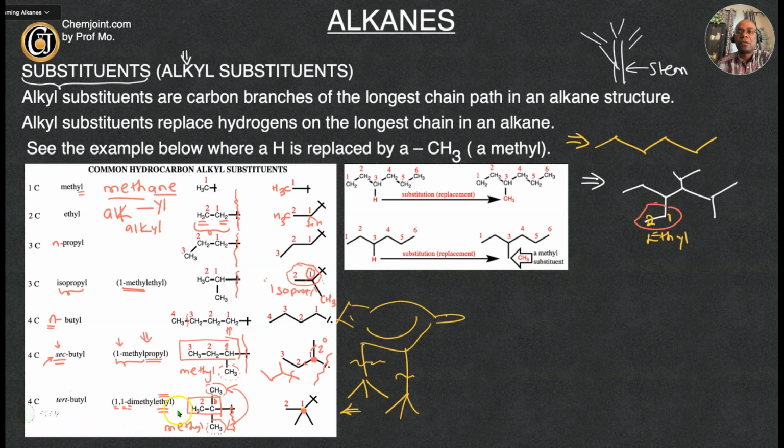So the tert butyl is otherwise called 1,1-dimethyl ethyl substituent, and implying hydrogens, that's how it's drawn. By the way, the dash here is used to separate numbers from alphabets. We will use this in naming, so keep that in mind.